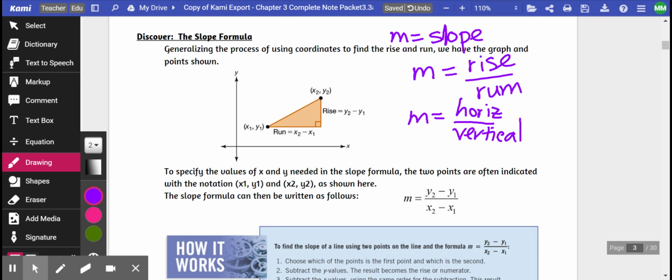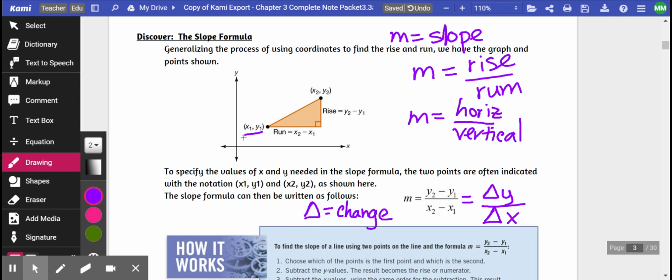Sometimes you might also see this written as the change in y over the change in x. So the triangle just means change. So this is a formula that you can use based on what we know about our points here.